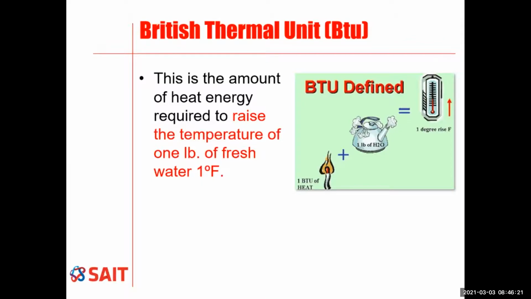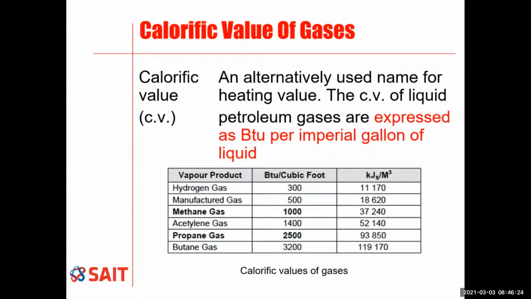It should not be new to you. Alternatively, calorific value is expressed as BTUs per imperial gallon of liquid. Here we go. BTU per cubic foot: methane 1,000, propane 2,500, butane 3,200. We know these numbers already. This is a little bit of a review. And in this table, it gives us the kilojoules per cubic meter, so this is the metric equivalent.